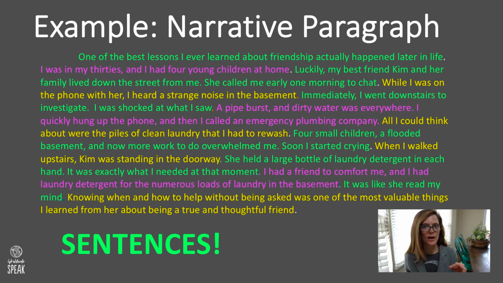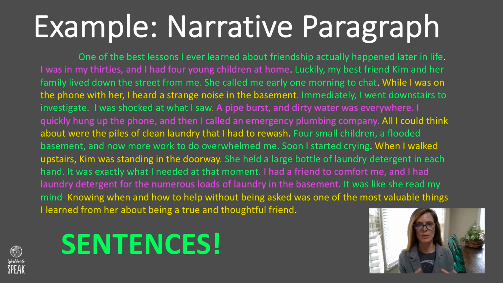Now let's look at the paragraph in relation to grammar tip number 2. Those were the sentences: simple, compound, and complex. And I told you that you need a variety of sentence types in order to make your paragraph flow. If your paragraph were all simple sentences, it would sound more like a grocery list than a story. It would be rather boring for the reader. If you look at the paragraph, I have color-coded it with the sentence types.